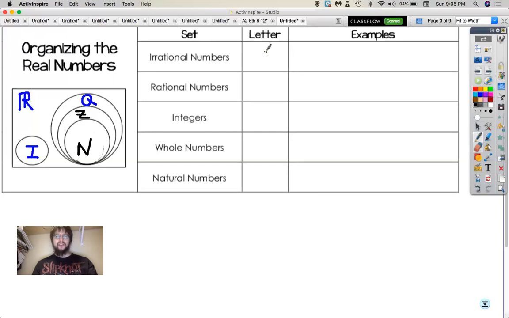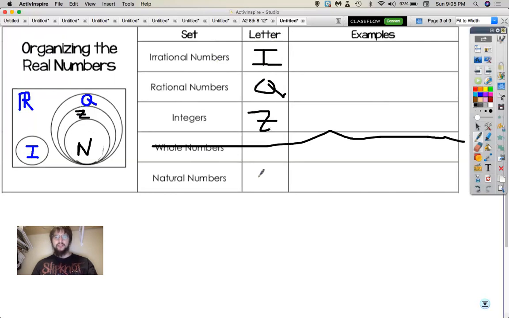So the letters again, I'll write them over here. This doesn't exist. Irrationals, rationals, integers, and natural numbers.